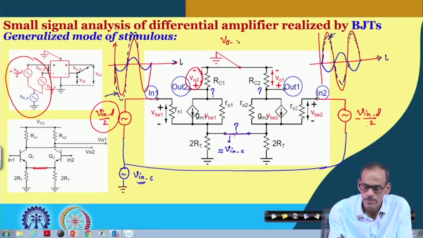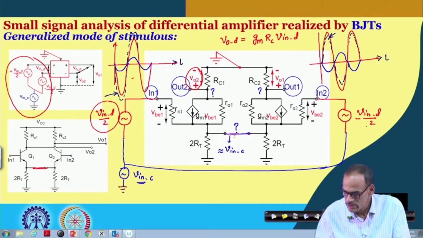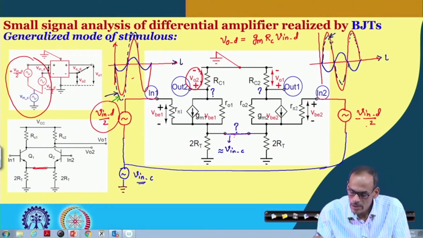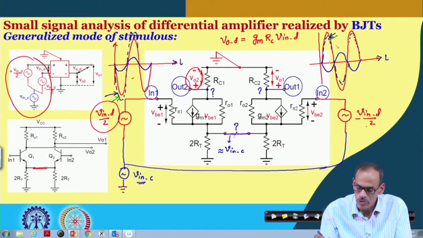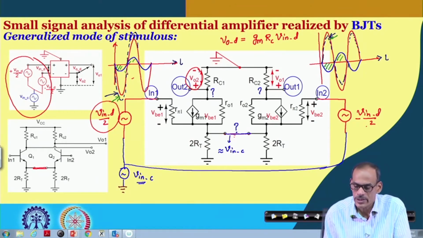So, VOD, if I take the difference of these two signals, will be GM into RC into V in D. And if I take the average of these two signals, then what we will get is only this part, because they are getting added up and the red portion is getting cancelled out.